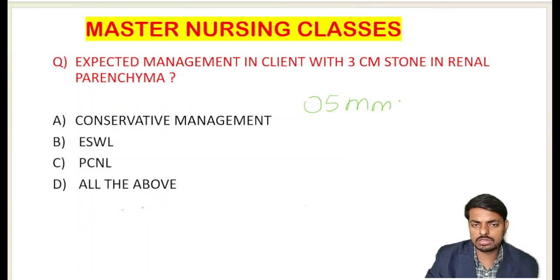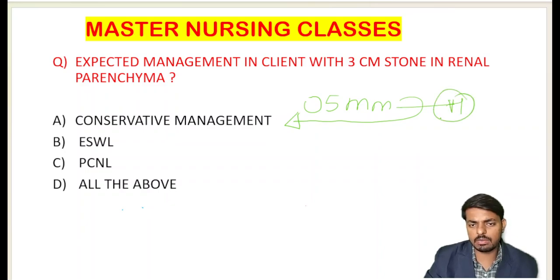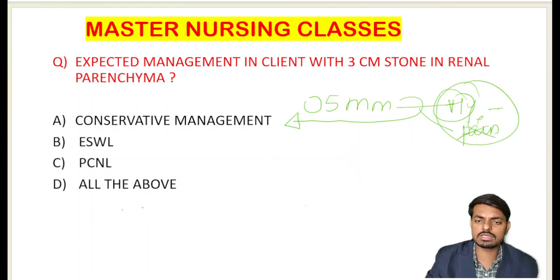5 mm, we will follow conservative management, where we focus on excessive hydration of the patient and on controlling the pain with painkillers. The stone will come out due to the overhydration.